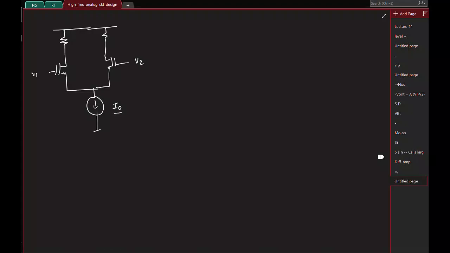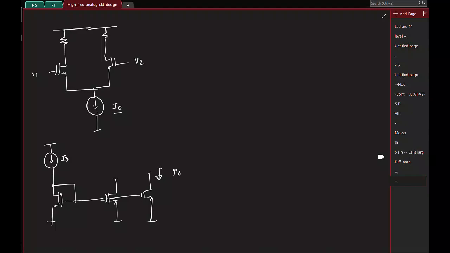I'm sure you might be aware of current mirrors like this, right? So if this is a current I0, I can basically copy it to multiple transistors, or even get a scaled version of it, right? Great. And what is the resistance looking here? It's just the R0 of the transistor.